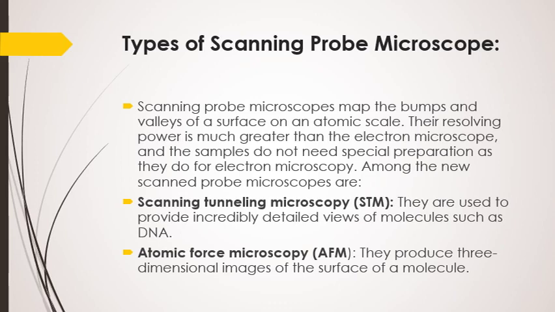Due to its high resolving power, this microscope maps the bumps and valleys of a surface on an atomic scale. So in this modern era we have two types of scanning probe microscope. One is scanning tunneling microscopy and the other one is atomic force microscopy.